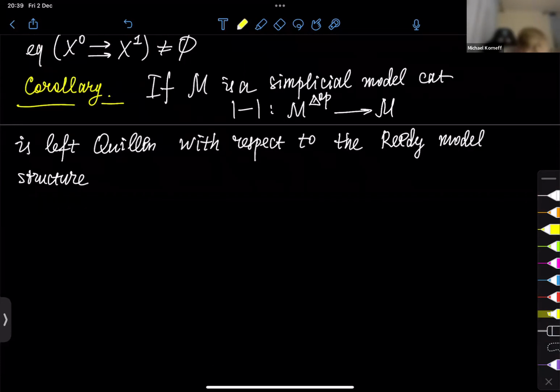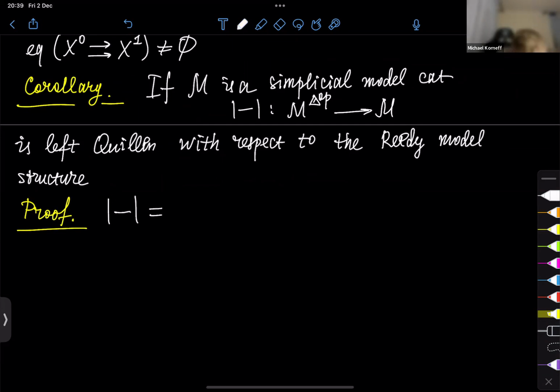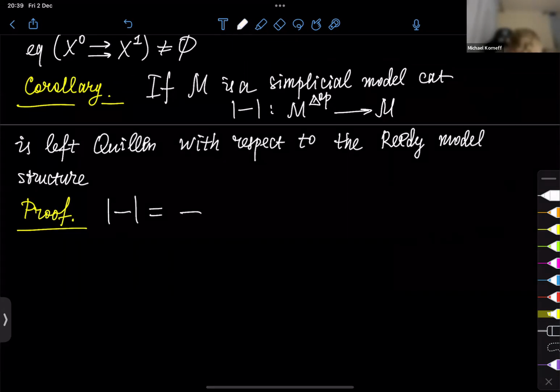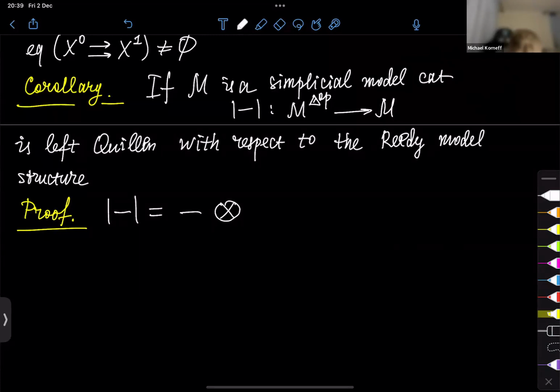Okay, let's prove this corollary. We know that the realization functor is just a tensor product with the Yoneda embedding over the delta category.